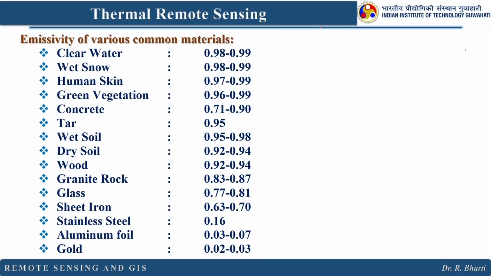Here you can see the emissivity of various common materials listed, right. If you remember, when we were not using the emissivity factor in our total radiation, what was happening? The material or the area was having the same energy in terms of temperature.